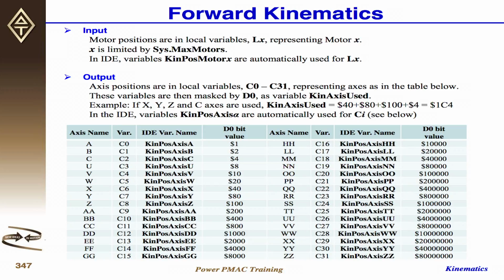Here are some other things. Query the axis velocity and query the axis following error. These require something other than just the current position. Meaning, if you want to know the velocity of the current axis, then I need at least 2 positions to calculate the velocity, right? That means you have to pass through your forward kinematics at least twice to get it, right?